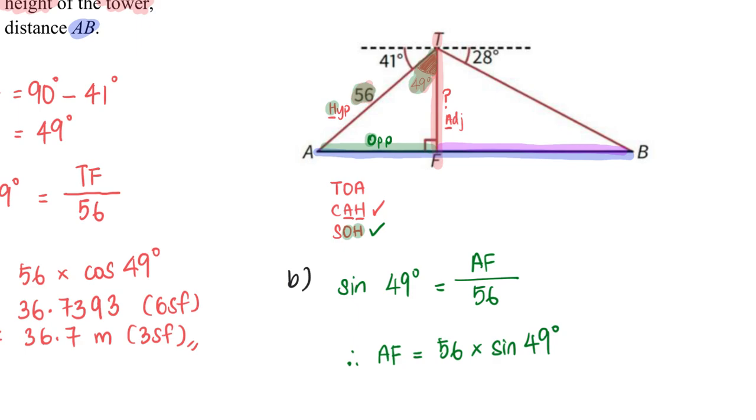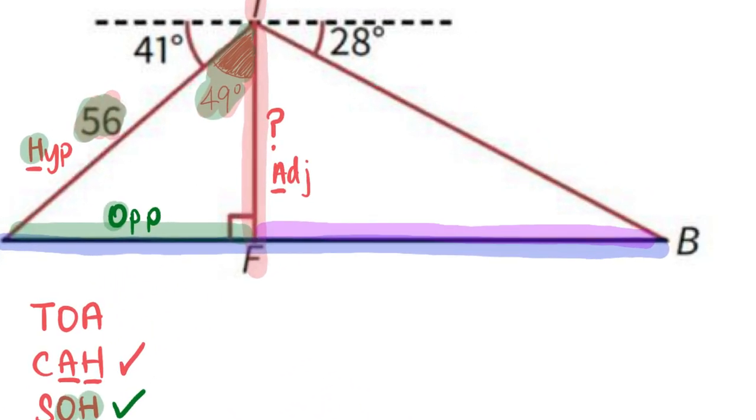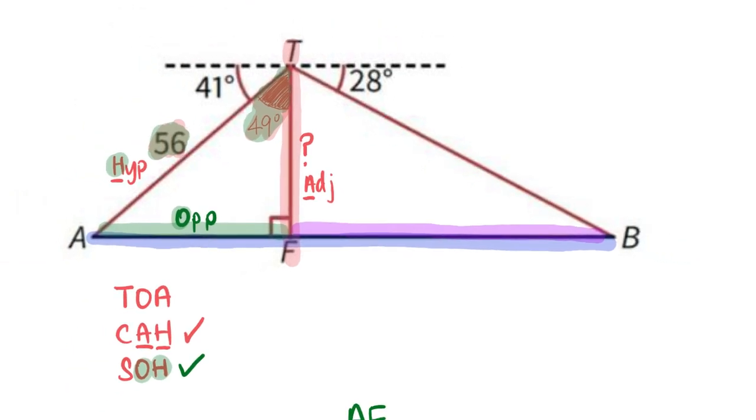I'm going to turn my attention now to my purple BF. Zoom in again. And if I know this angle here, which is simply 90 minus 28, 62 degrees, then this is my opposite, and this is my adjacent side. So at this point, I want to make my diagram neater. Okay.